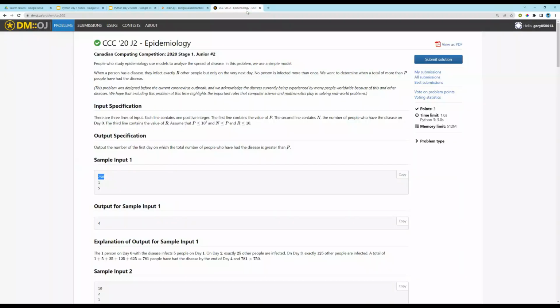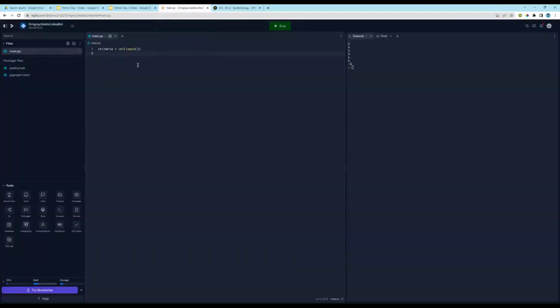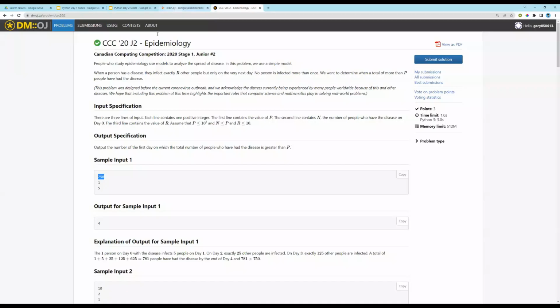Sounds good. The next number we have is the starting number, so we'll just call it infected. At the start, the infected number will be 1.